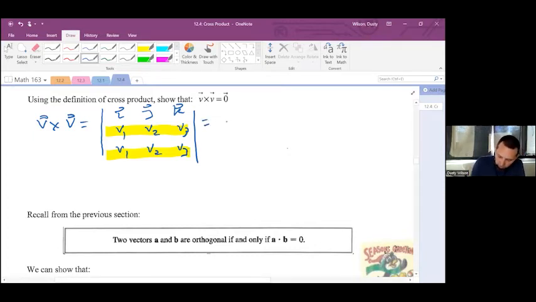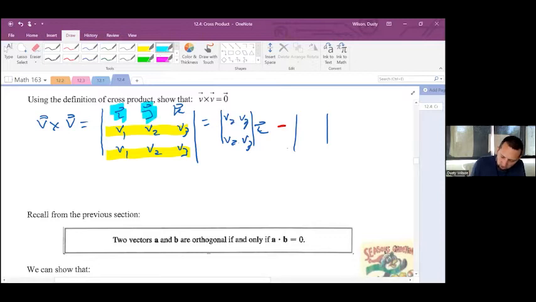And so this would be equal to, when I expand across the i, we would get the determinant of v2, v3, v2, v3 times i. And then we have the minus sign built into the formula.